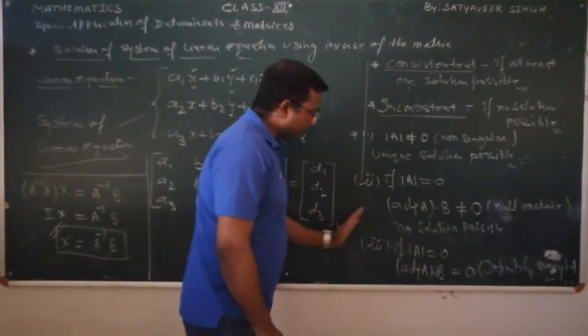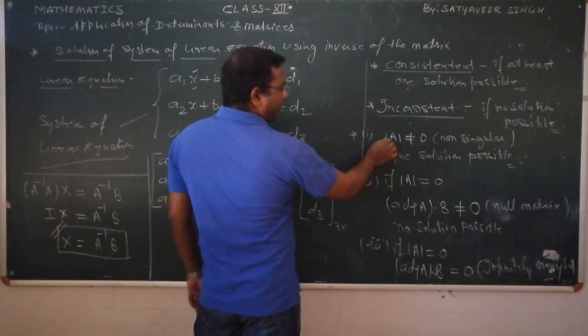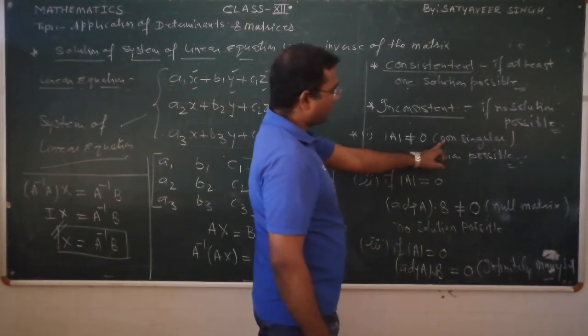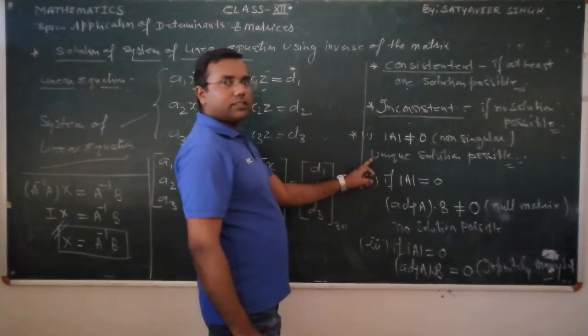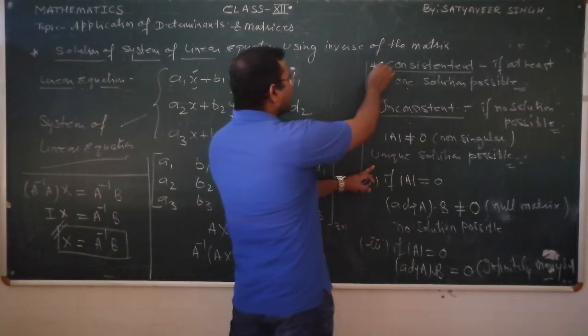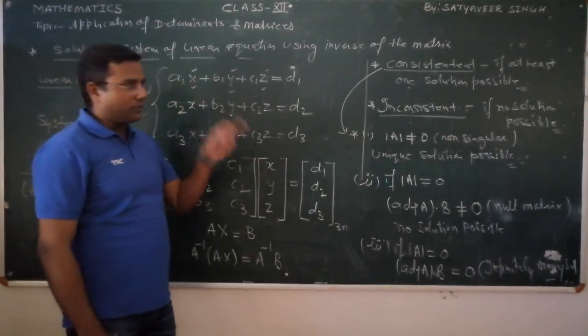See now, these are the three categories we have divided. So this one, if determinant A is not equal to 0, if it is non-singular, then always system of linear equation gives you unique solution. Means it comes in the category of the consistent. At least one solution.